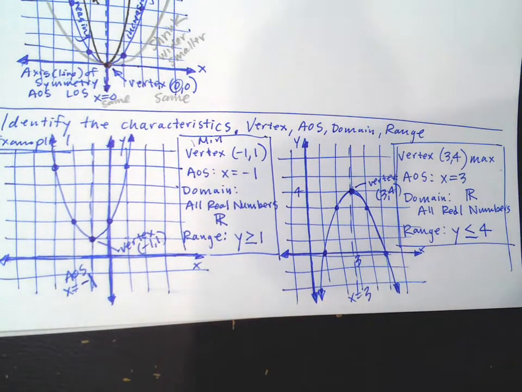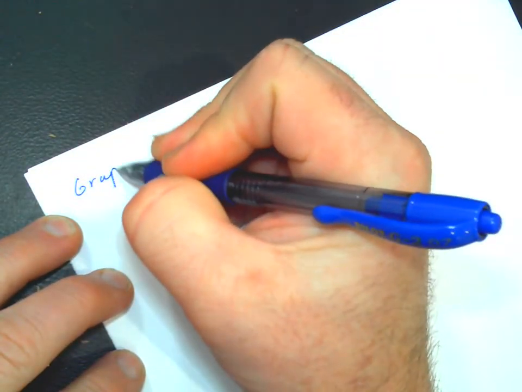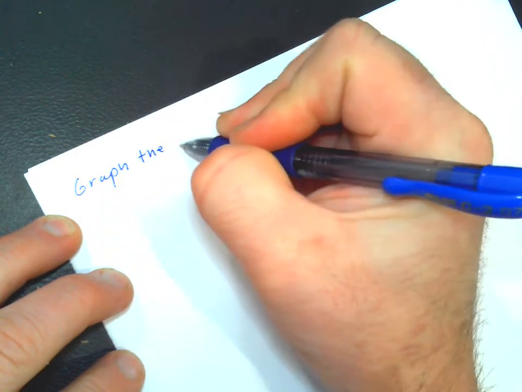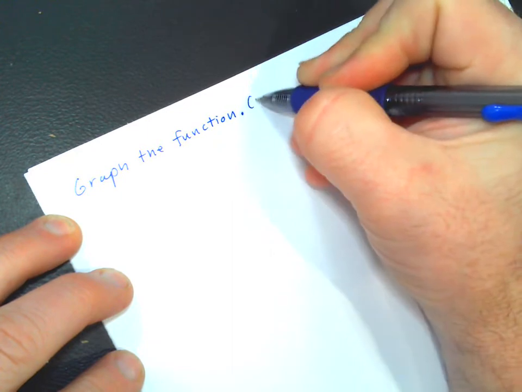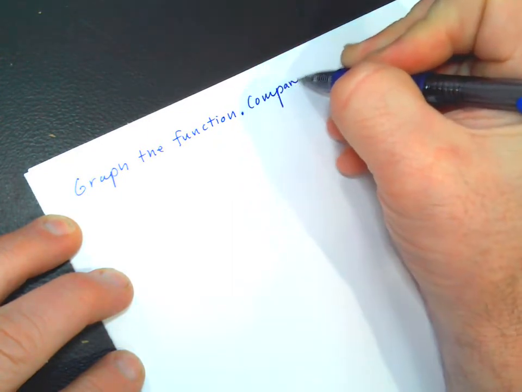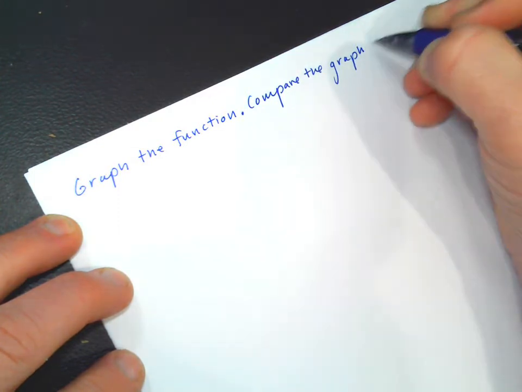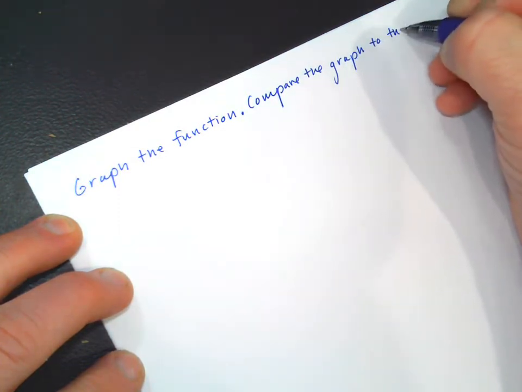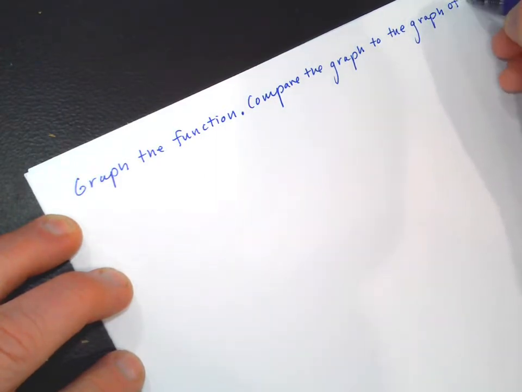But you're also going to be given an equation and have to make your own graph. So let's do a couple of those. The directions on these are going to be: graph the function and then compare the graph to the graph of f of x equals x squared, the parent function.